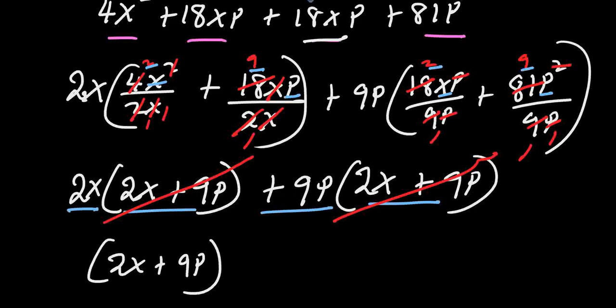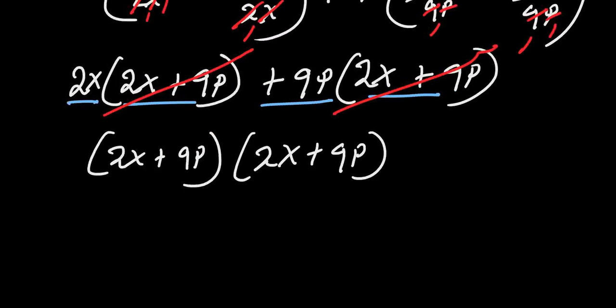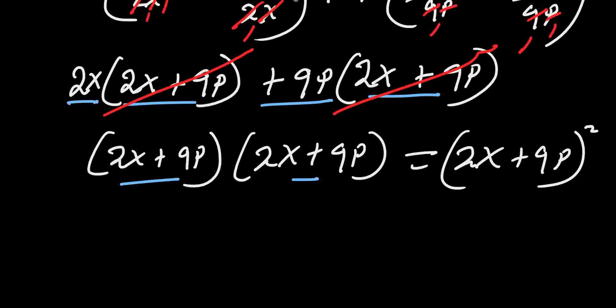So let's put that in parentheses and just bring it closer to this. So 2x plus 9p. So you discover that we have the same term. Both of them are the same. So we can simply write this as 2x plus 9p squared. So now remember that we assigned p to a particular value. So let's substitute the value back into the content of the parentheses.